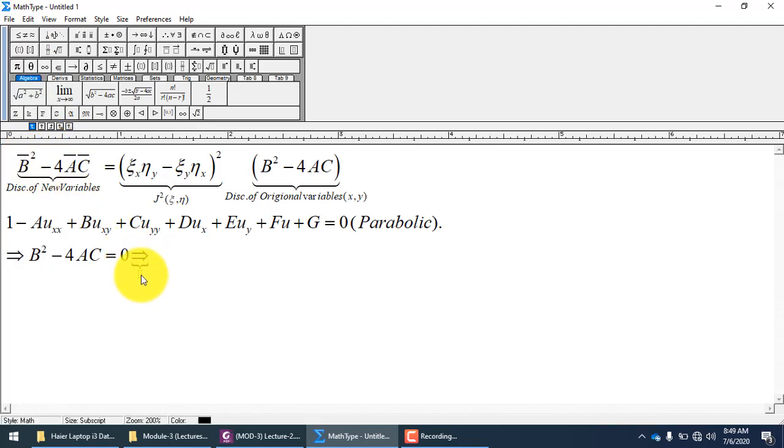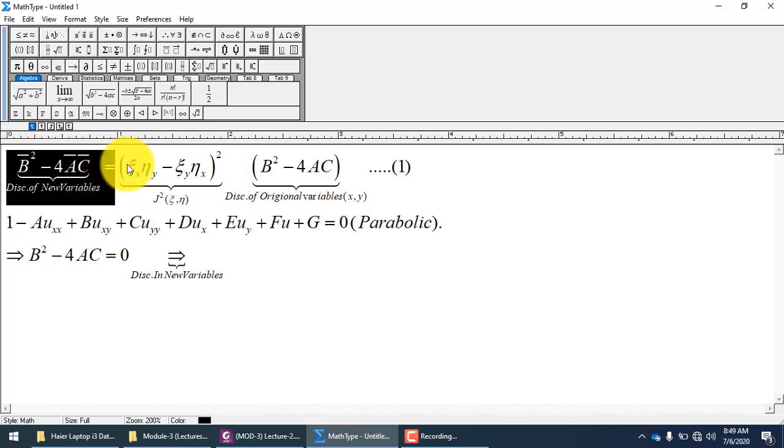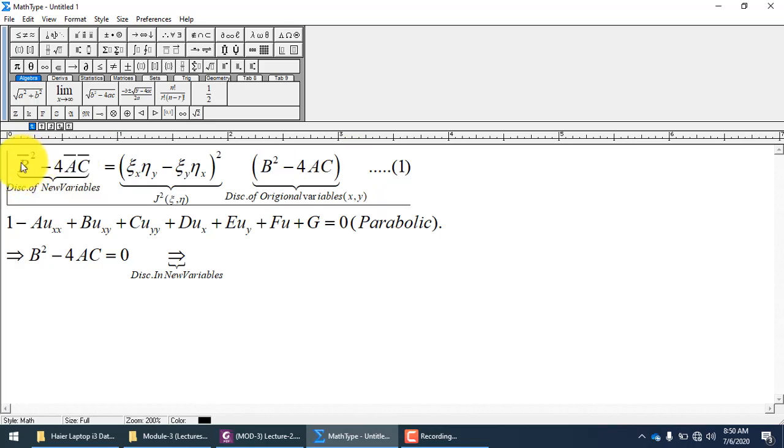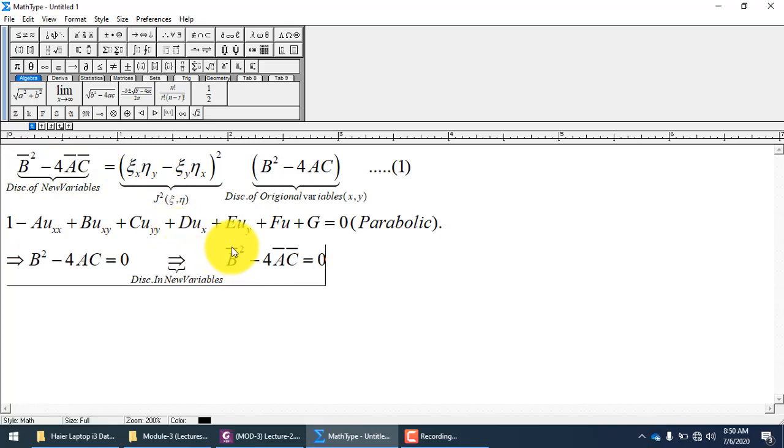If your previous discriminant is 0, so using that formula 1, you can write that the new value will also be equal to 0, because the previous is 0.